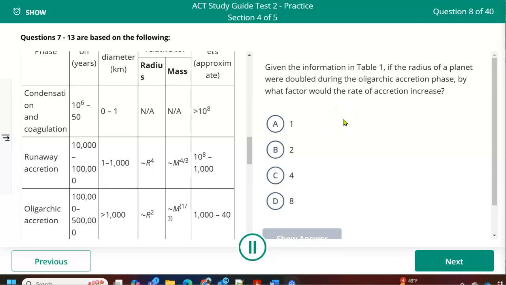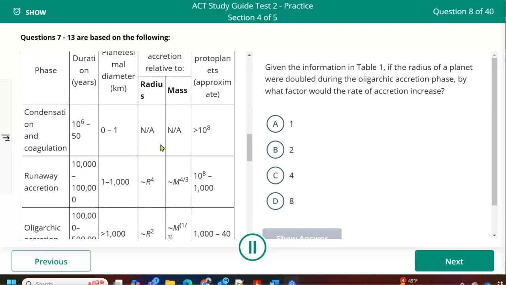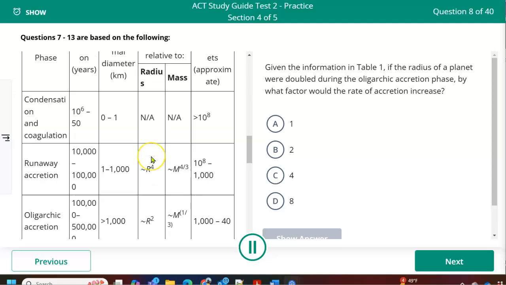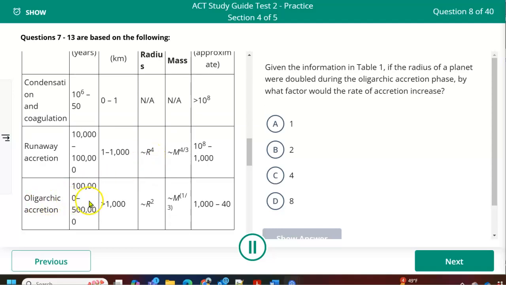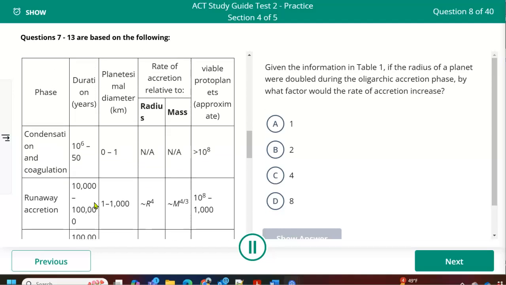All right, I'm going to keep moving ahead here until I get to another question where we have to read something else. Given the information in Table 1, if the radius of a planet were doubled during the oligarchic accretion phase, by what factor would the rate of accretion increase? All right, so here we have the rate of accretion relative to the radius. It's right here.